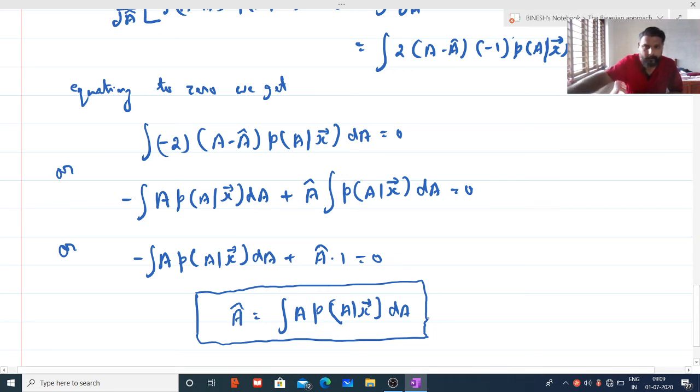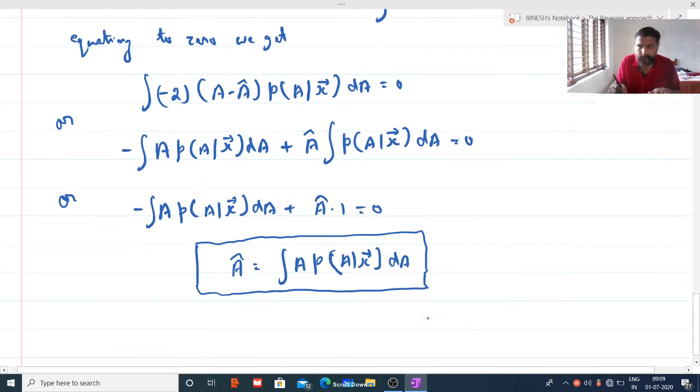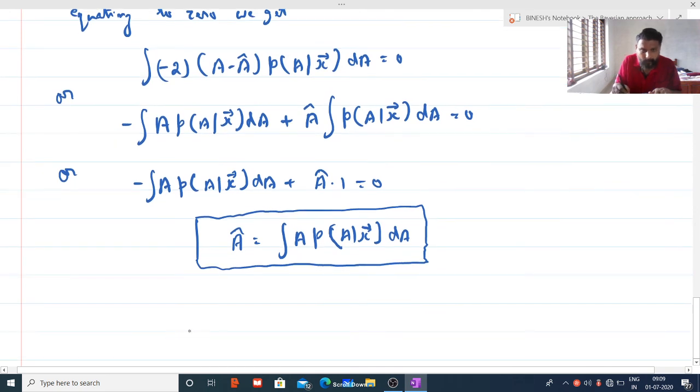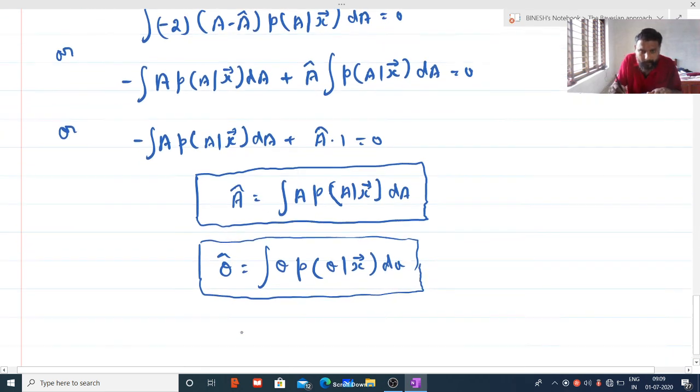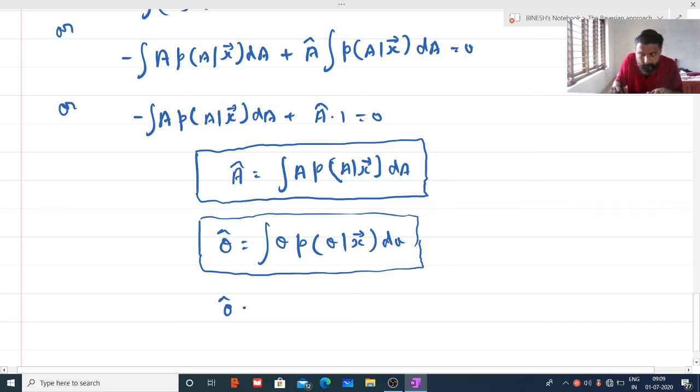Similarly, you can write theta cap as the integral of theta P of theta given x d theta in general, or theta cap is nothing but the expectation of theta given x.